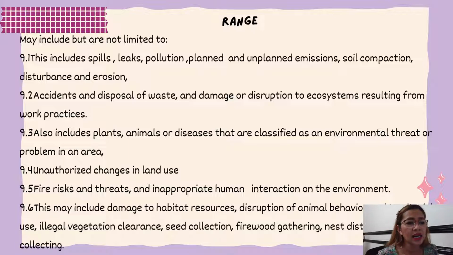The next includes plants, animals, and diseases that are classified as environmental threats, problems, and hazards. So you see in your environment molds in your dishwashing area, and it is slippery.